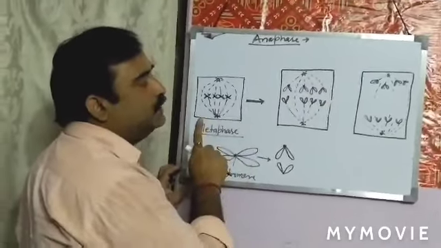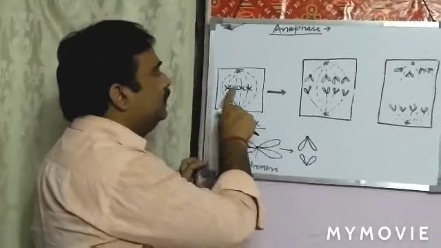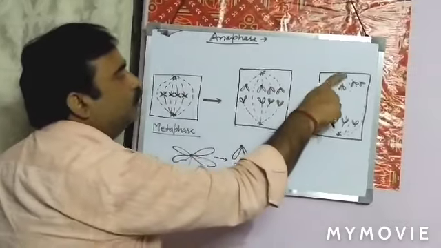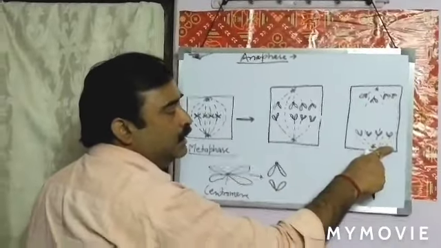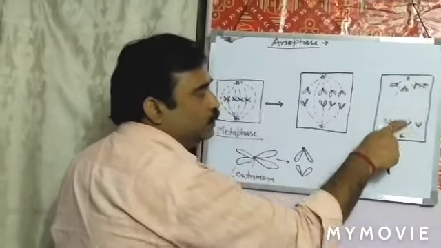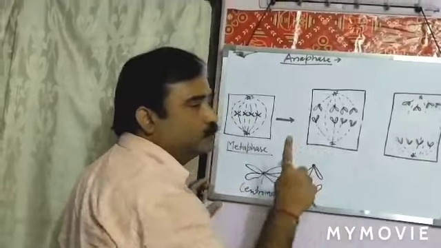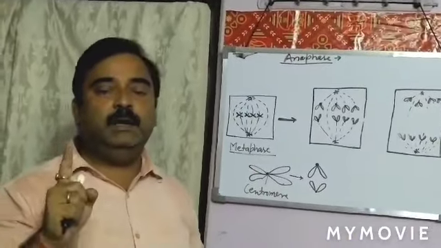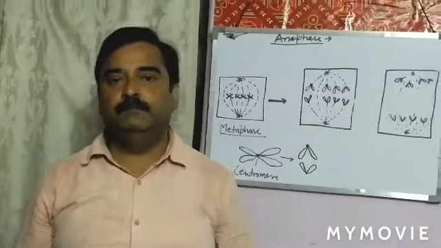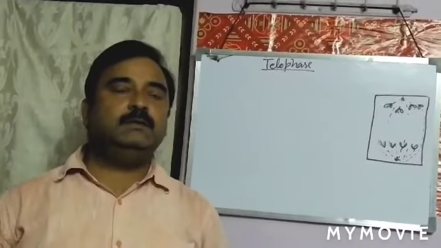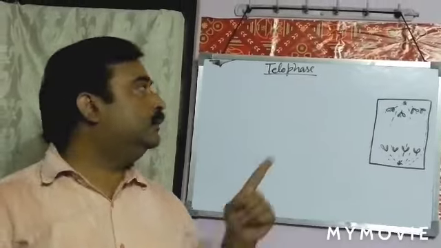There is no change in the number of chromosomes. Here it's 4, so 4 chromosomes reach this pole and 4 chromosomes reach the other pole. This is the unique feature of the anaphase of mitosis division. Clear? Now come to the last phase of karyokinesis.